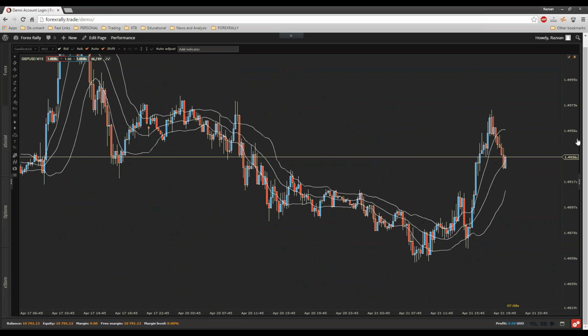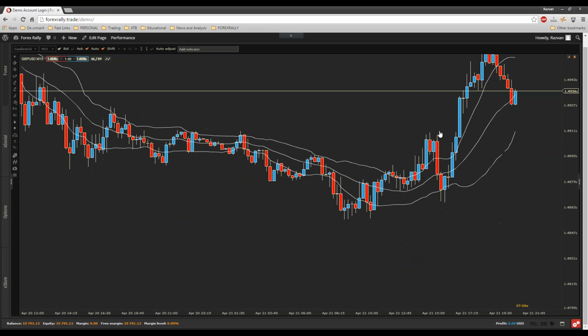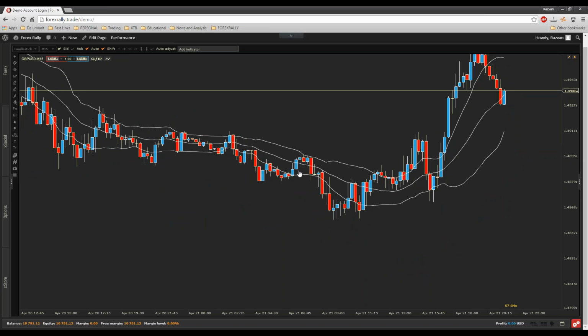When we set the standard deviation to 1, the channel that is created around the price is not that big and it doesn't actually help us very much. The idea of Bollinger Bands, from what I managed to understand while I was learning it, is that it offers you support and resistance for your price evolution.